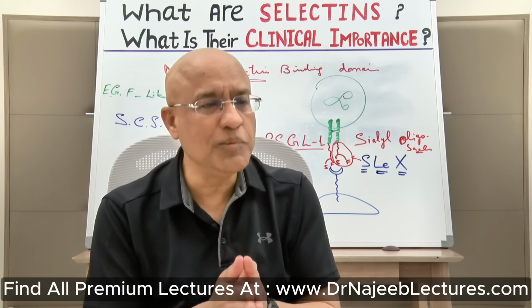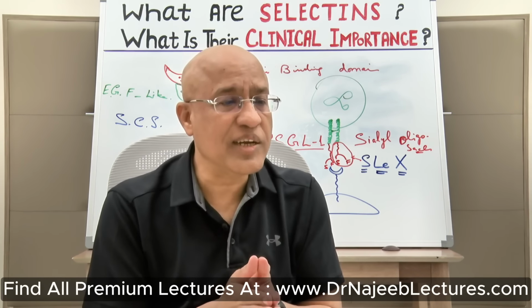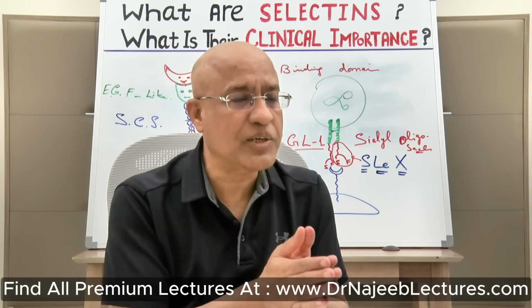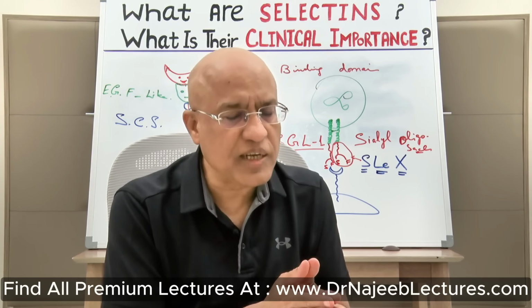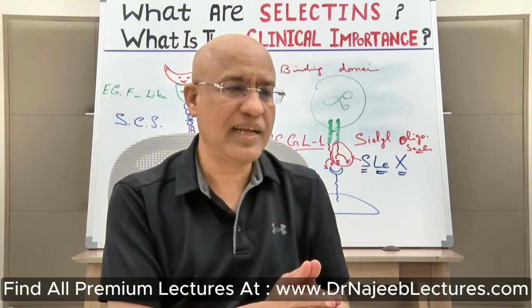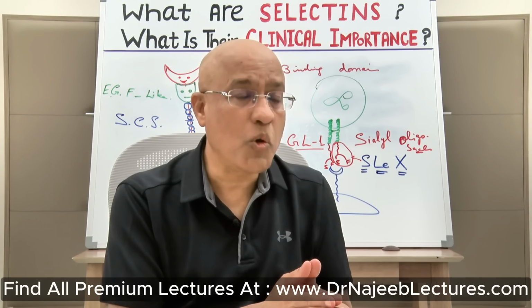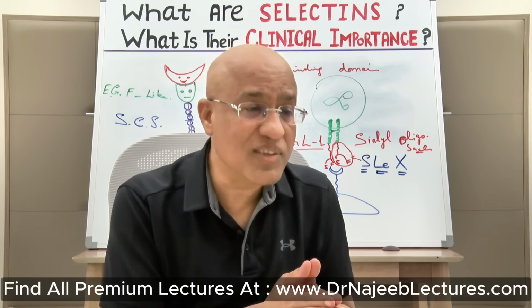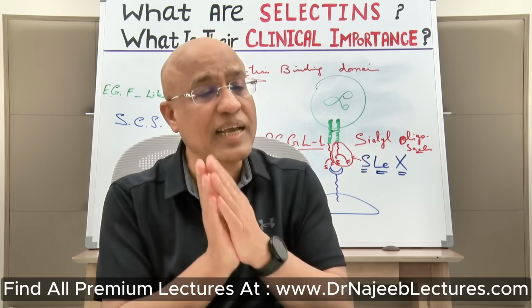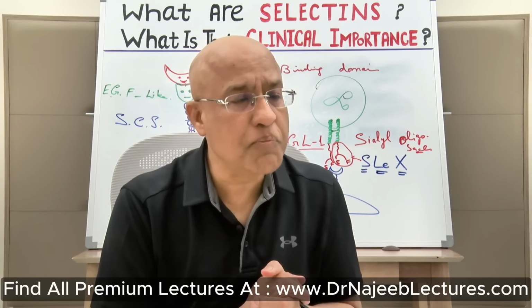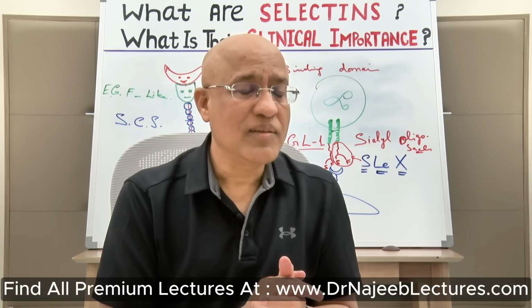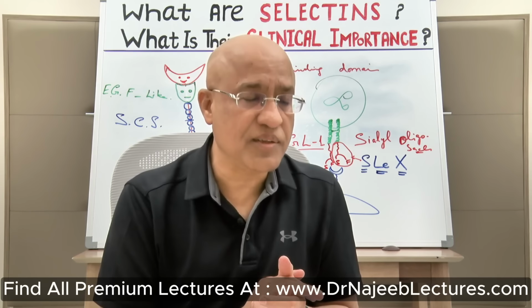It automatically means that these cytokines, which are being formed in the chronic inflammatory focus, will also activate and injure the local endothelial cells, and endothelial cells will express selectins, and selectins will again stop white blood cells. So what happens in chronic inflammatory diseases?